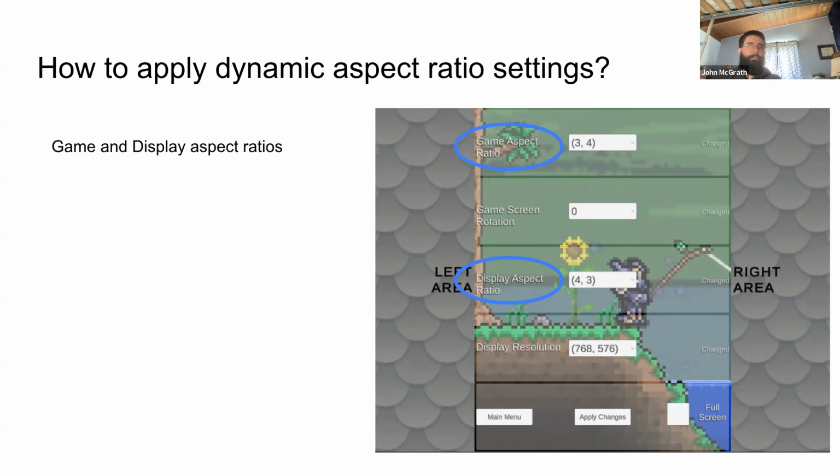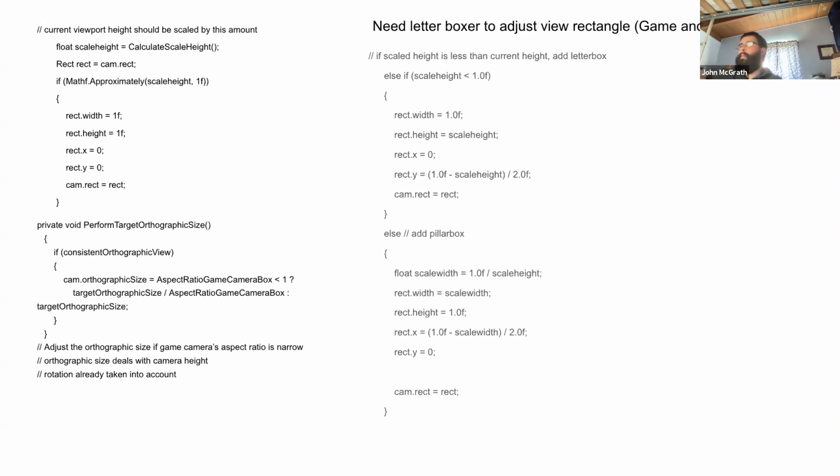So let's begin with the LetterBoxer. We use LetterBoxer's code to adjust the game screen's view box to scale either the width or the height of the display screen based on the aspect ratio difference.